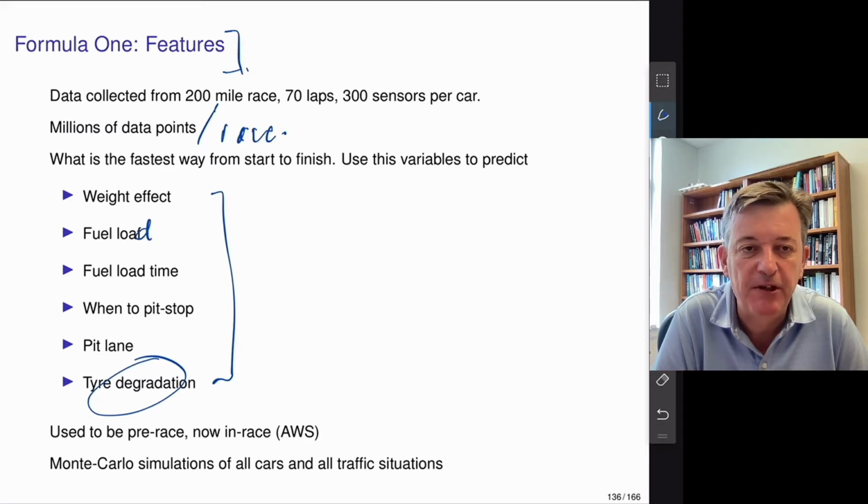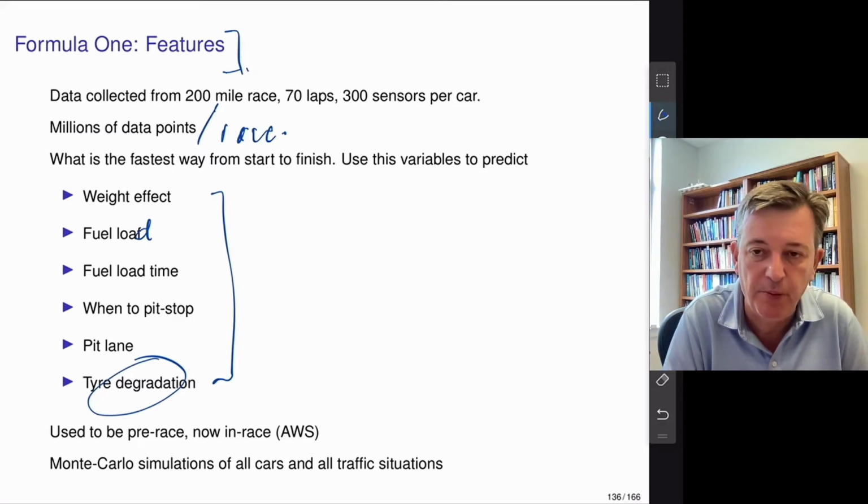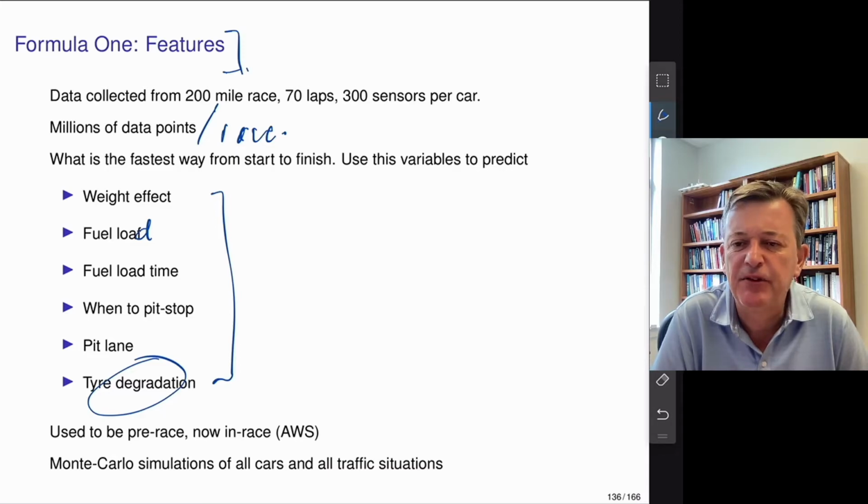So a big science behind Formula One, and I think for some Formula One races, data scientists have even put up probabilities of predicting who's going to win the race given current positions. So to try and make it more exciting for the people watching.